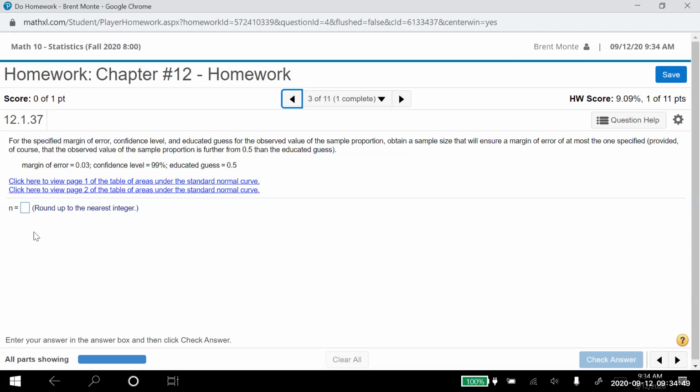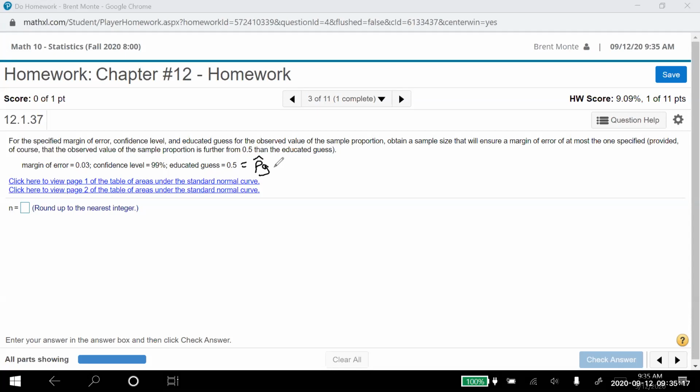So this time my educated guess, and let me write on here, so this educated guess, that is my p hat sub g. Notice it's still 0.5, so even if I didn't have an educated guess, I'd use 0.5 anyway. So this isn't going to change it whether I had the guess or not.